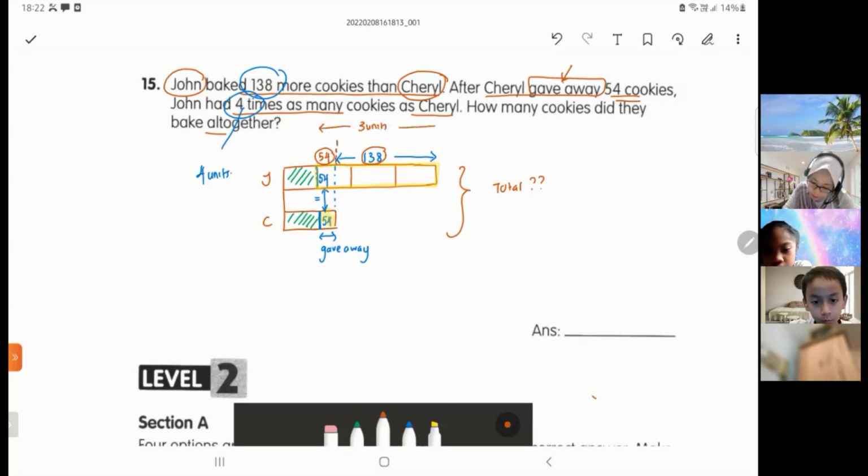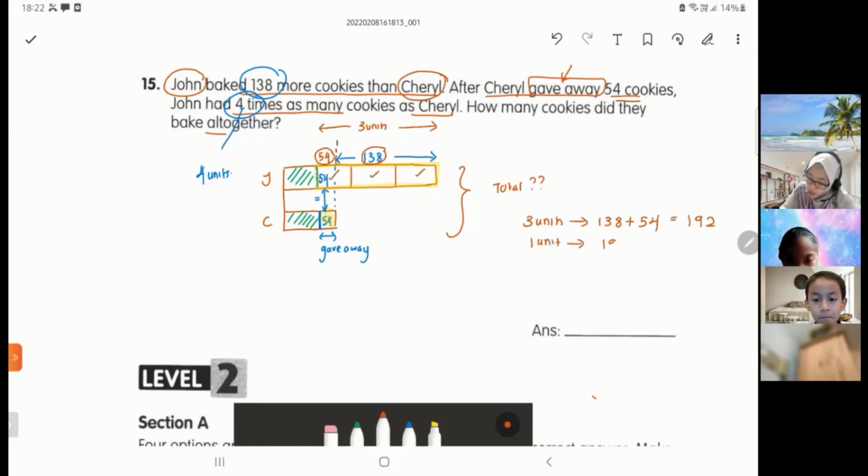Can you see? 1, 2, 3 units. Okay, so 3 units is 138 plus 54 equals 192. 1 unit is 192 divided by 3. 1 is always divide. Always, forever, ever will be divide. Okay, and I get 64.